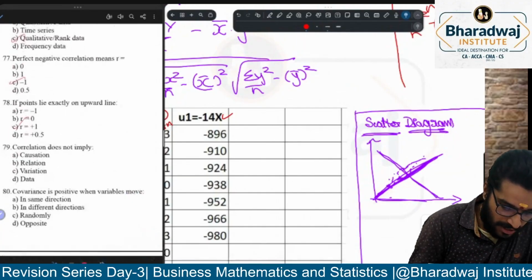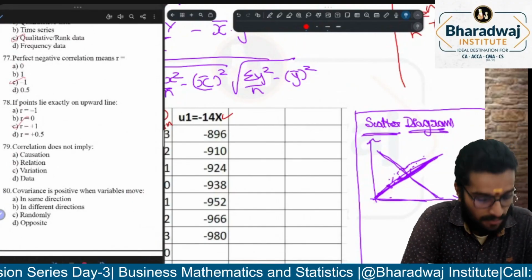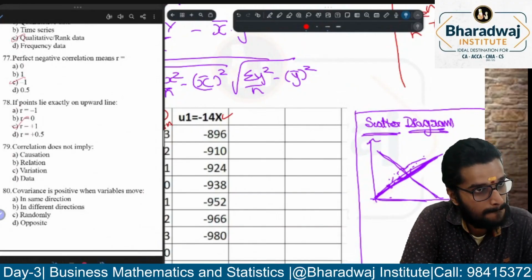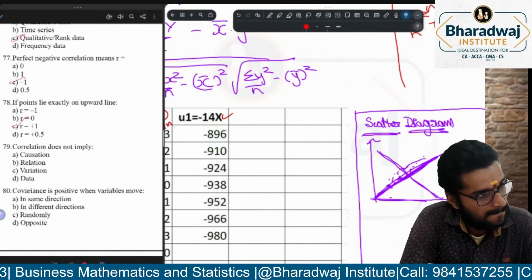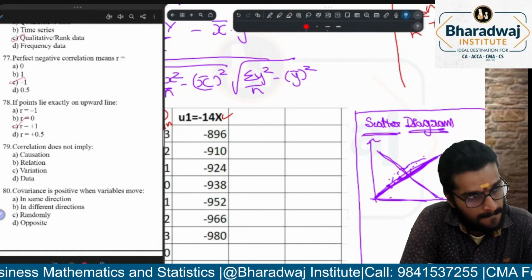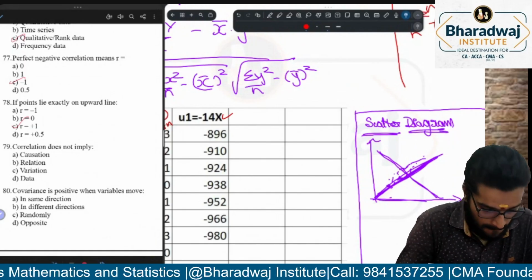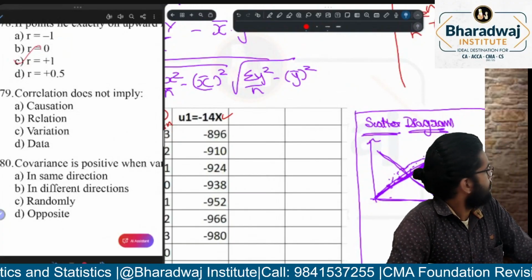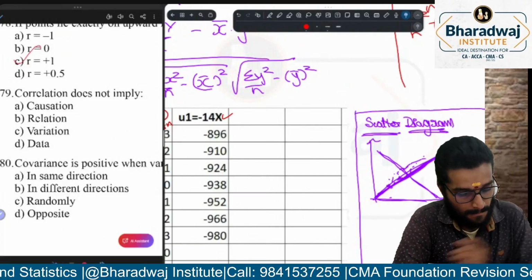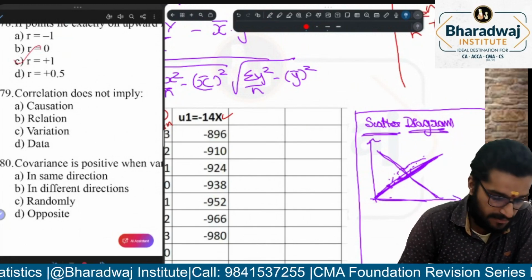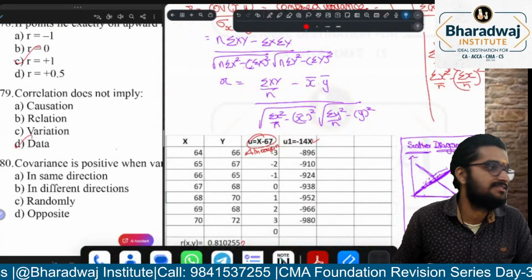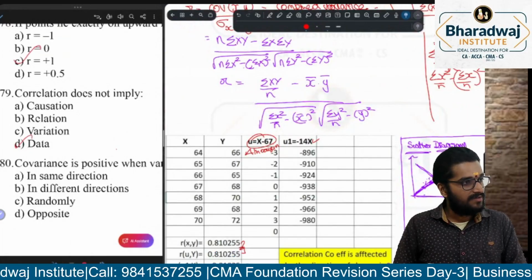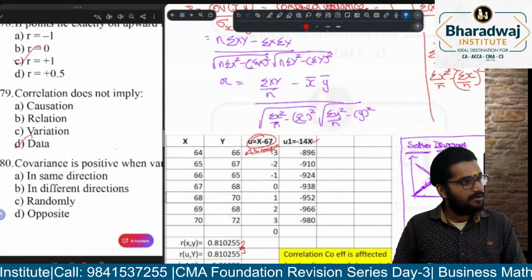Now, correlation does not imply... What does correlation not imply? We can't see what data is hidden, what type of data we took, whether the data contains 1 unit, 2 unit, we don't know about that.